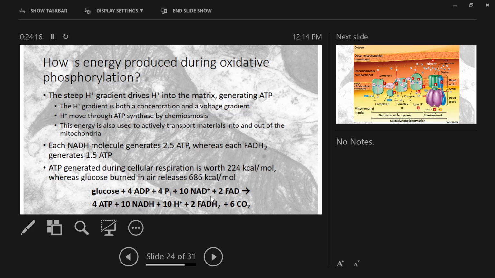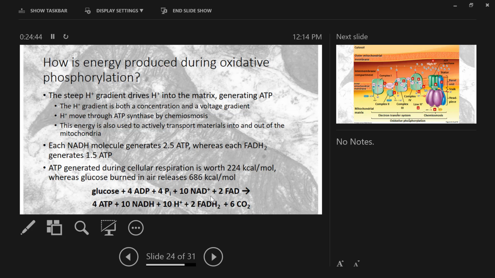Because if you pump a lot of positively charged material into the inner membrane space, what does that mean about the environment there? It's positively charged. What does that mean about the matrix? If you pulled a bunch of positive charge out of the matrix and forced it into the inner membrane space, what does it mean about the matrix?